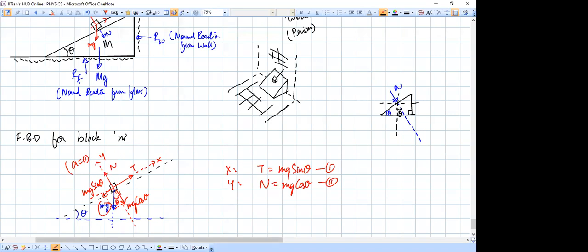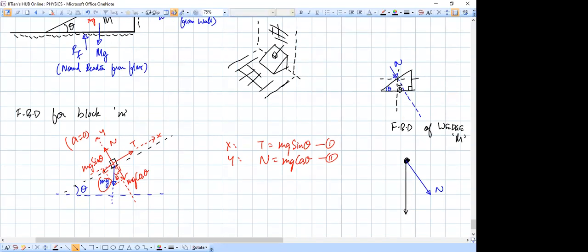When I make the free body diagram of capital M, this normal reaction force will be in this sort of direction, that is making theta with the vertical. This angle will be theta.